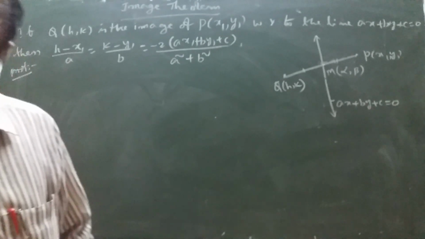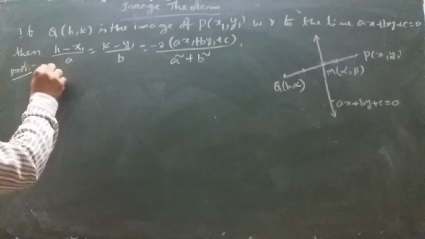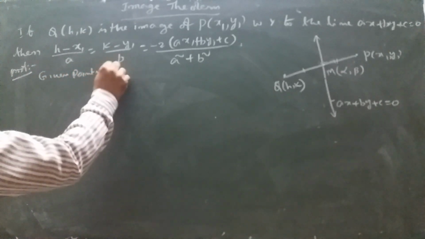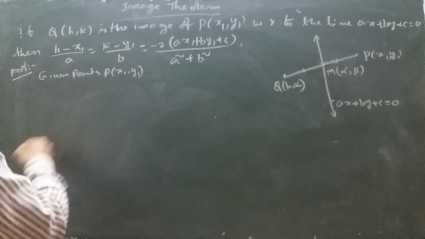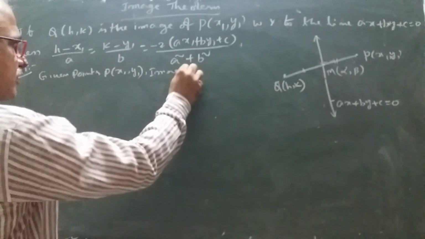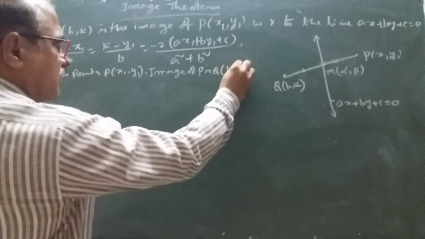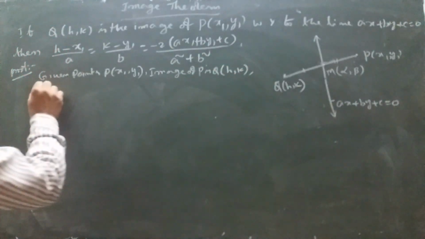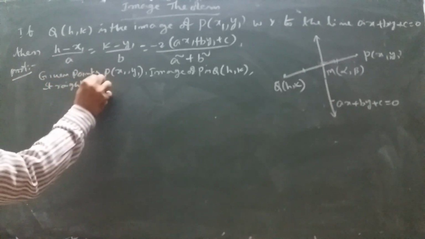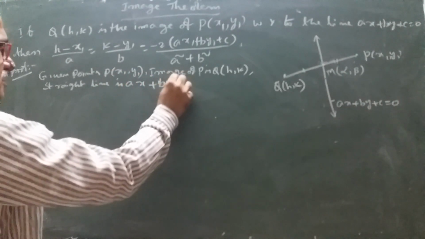The given point is P(x1, y1), the image of P is Q(h, k), and the straight line is ax + by + c = 0.